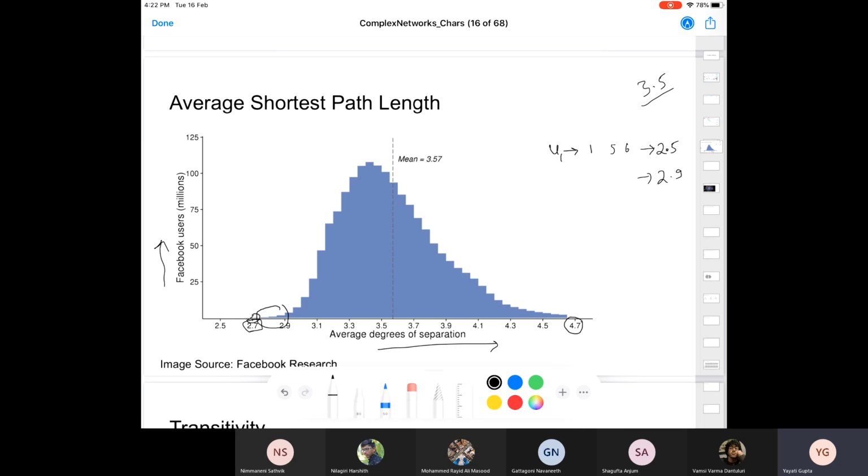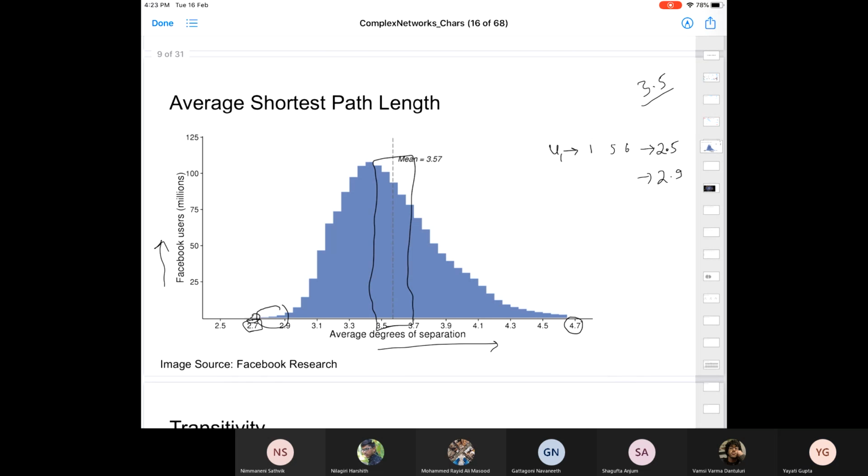So on average, they are 5 steps away from everyone else in the Facebook network. But mostly, if you look at the mean of this network, the mean is actually 3.57. So an average person on Facebook can reach almost everyone else in 4 hops. So that is what the average shortest path length tells you.